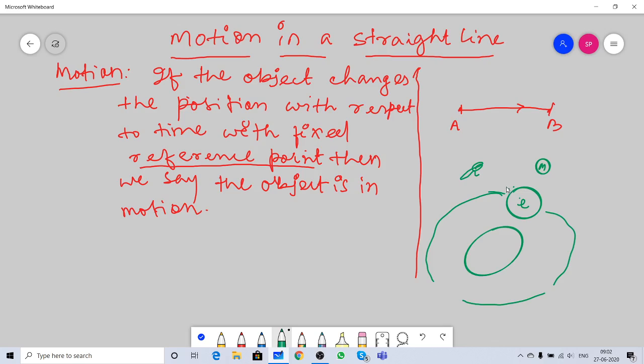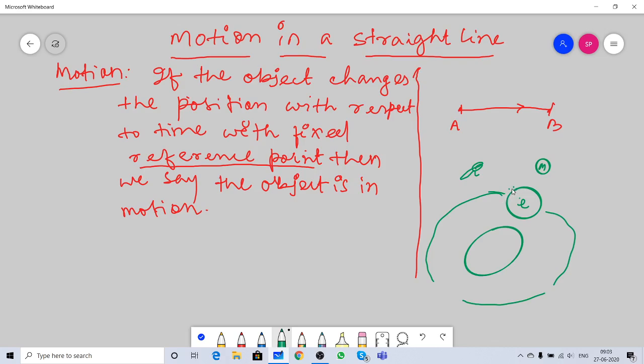So someone standing on the ground, what will we say then? He is standing on the ground, he is not changing the position with respect to time, so is he in motion or at rest? If someone is watching from space, if space is the reference point, then the whole earth along with the person standing on the ground is also moving, so he is in motion.